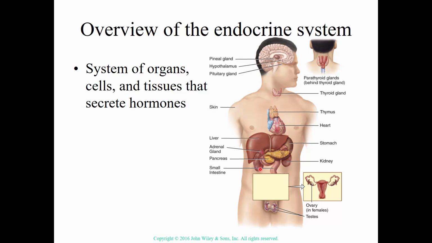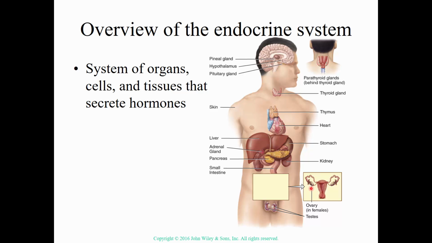We will talk about the regulation of the adrenal gland. Later on in the semester, we'll talk about the regulation of the pancreas. After we finish endocrine physiology, we'll talk about reproductive physiology, and we'll talk about male reproduction with regulation of the testes and female reproduction with the regulation of the ovaries.